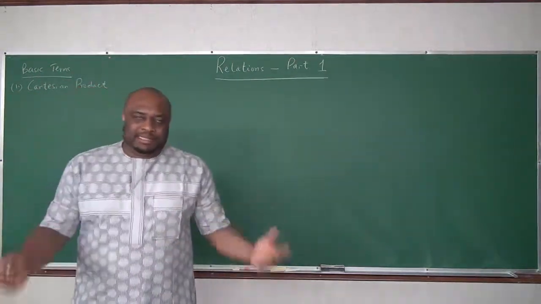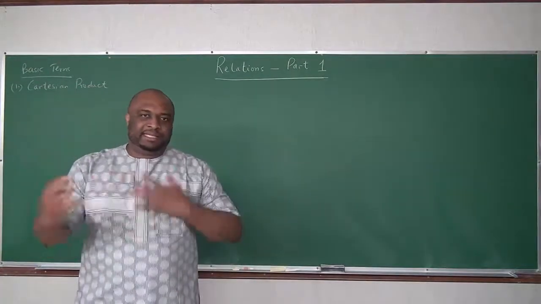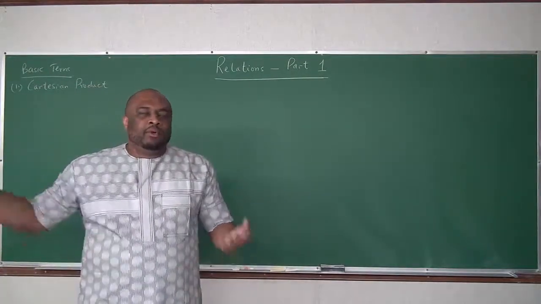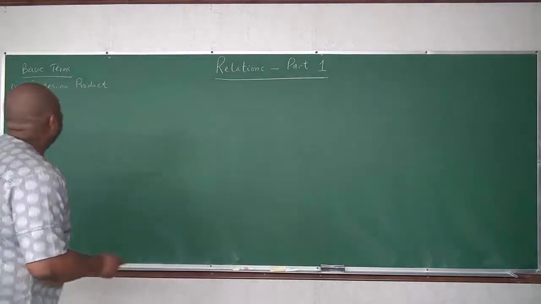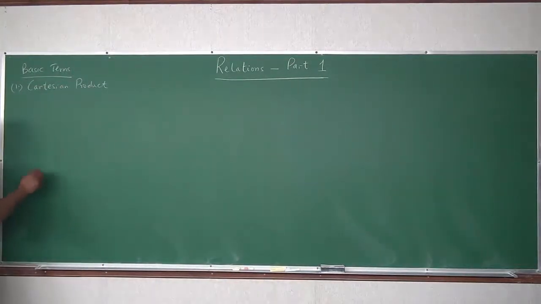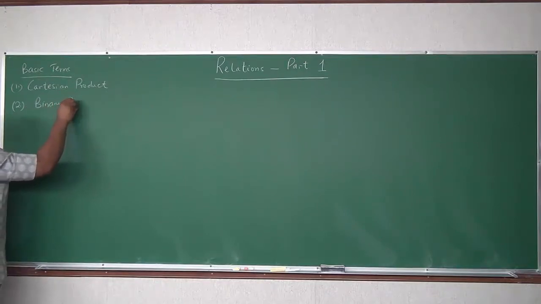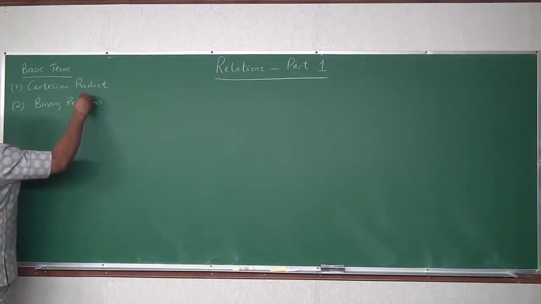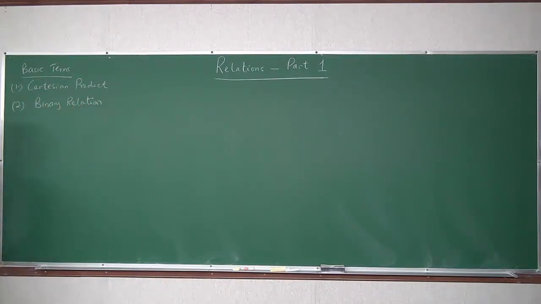So a relation is a set of ordered pairs. Okay, so we're still back on sets. So Cartesian product. We shall talk about a relation, binary relation. That is our main focus.